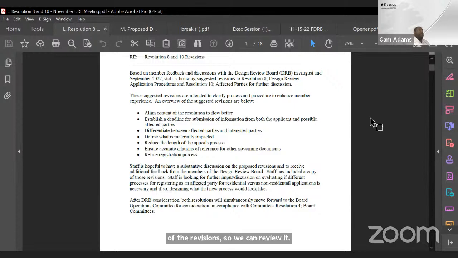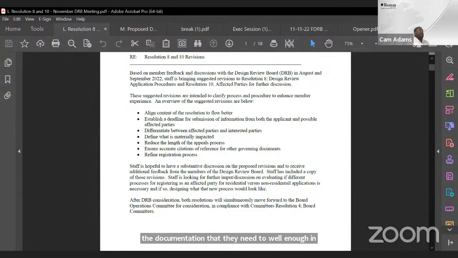It streamlines the entire application process start to finish, establishing some context for the staff review appeal decisions, going over timeframes for submitting applications, and submitting documents and supporting information. As you all know, we receive a lot of information, and sometimes it's an hour before the meeting. We want to curb that, and make sure that applicants and affected parties provide all the documentation they need well enough in advance for it to be thoroughly reviewed.